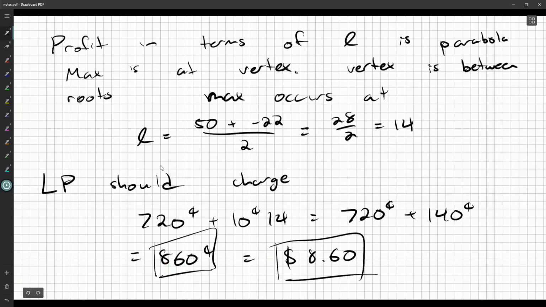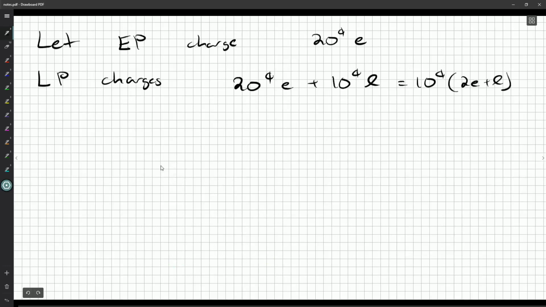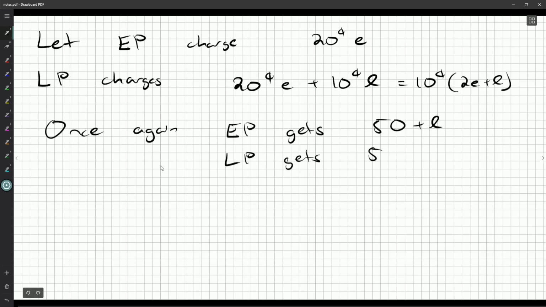Instead of 7/20 cents, we'll just say 20E cents. $0.20E plus 10 cents L. I'm just going to take out a factor of 10 cents here. 2E plus L. Alright, once again, Aaron's Pizza gets 50 plus L. LP gets 50 minus L in terms of customers.